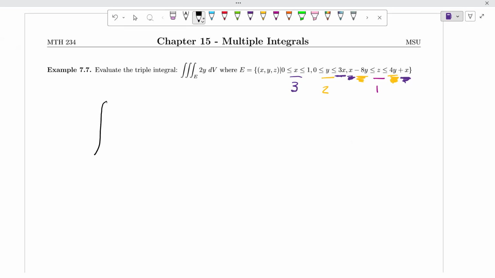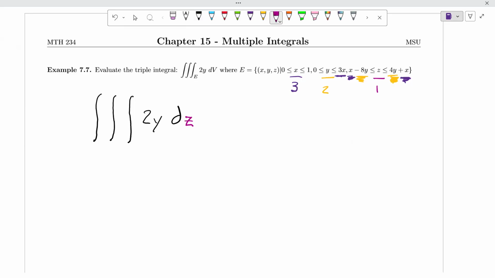We have another triple integral. I probably wrote that too big. The real trick with triple integrals is trying to get 3 integral signs that all look the same. It's harder than it might seem. You'll see soon enough. So I'm still integrating 2y, and I decided I'm going to do dz first.